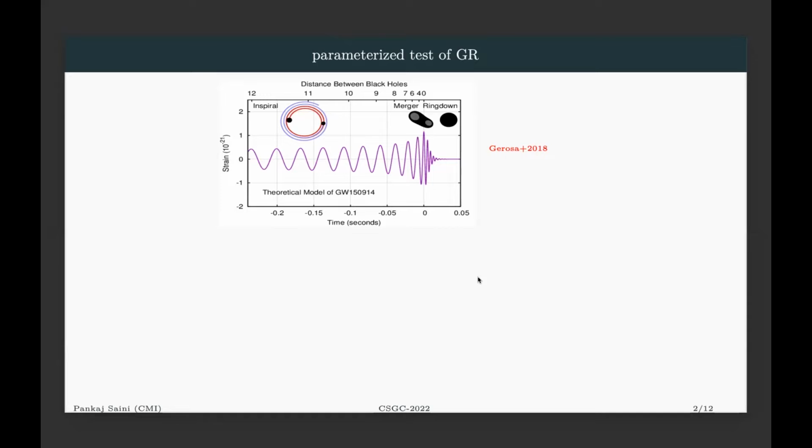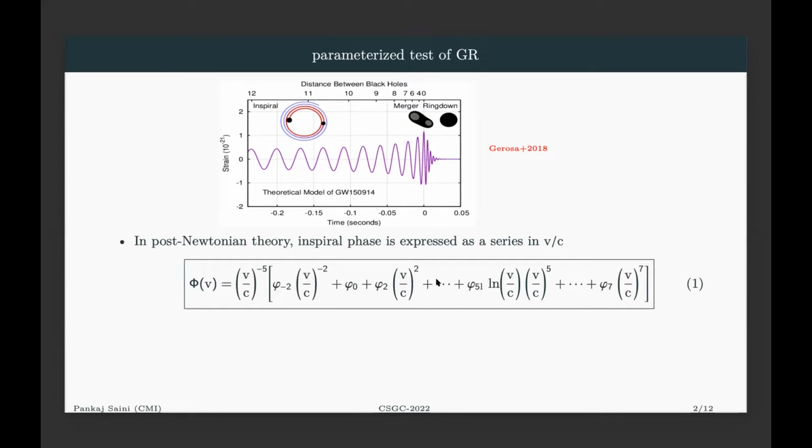During inspiral, when the velocities are small, we can expand the orbital phase in terms of the orbital velocity. This is given as a series in powers of v by c, and these coefficients, the phi's, are called the post-Newtonian coefficients. So phi naught is the lowest order GR term, and then there are higher order corrections to it, and this is the negative 1PN term.